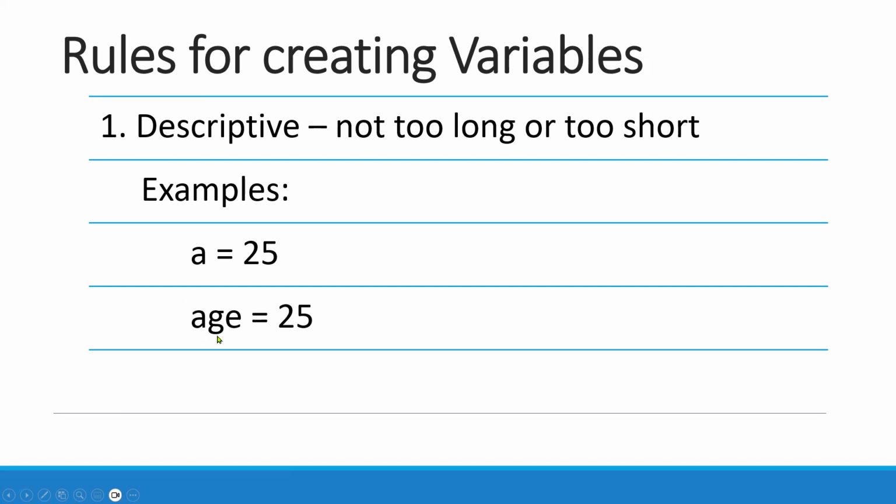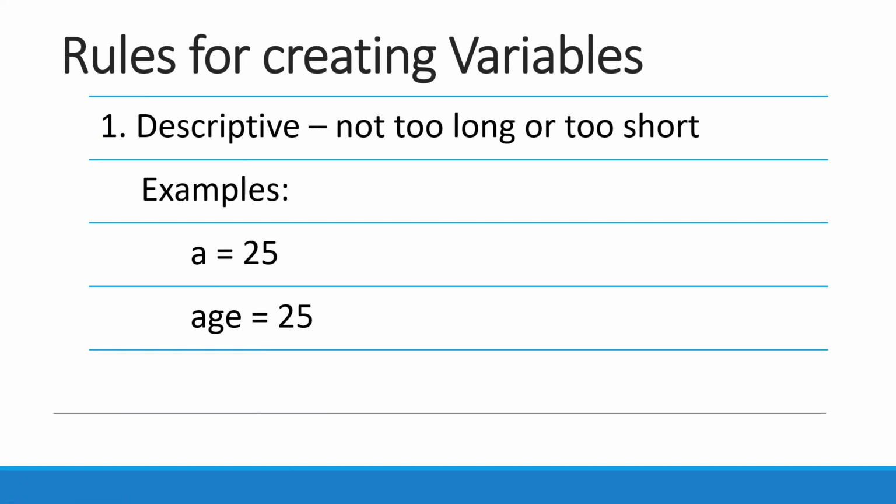So this is a little bit more descriptive than just the letter a. So we're assigning the number 25 to age with the assignment operator. Even more descriptive, you would say age of an individual, or age of a person, or age of an animal, or age of a tree. That will be even more descriptive than just using age. So make sure your variable is descriptive, not too long or too short.